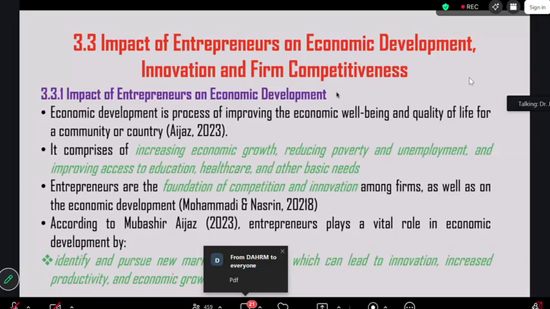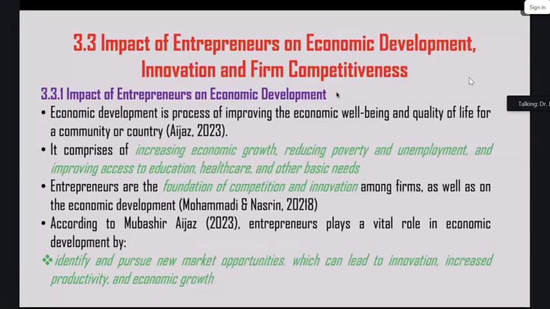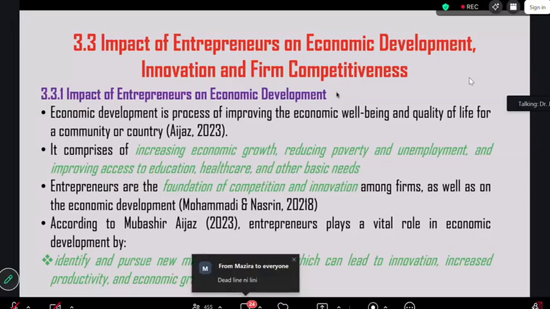On the part of economic growth, we base on economic parameters that are mostly used to measure economic development: GDP, income level, per capita income, and the like. But on economic development, we base on how the well-being and quality of life for a community has been improved in economic aspect.